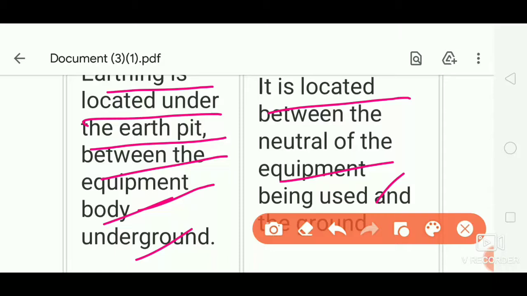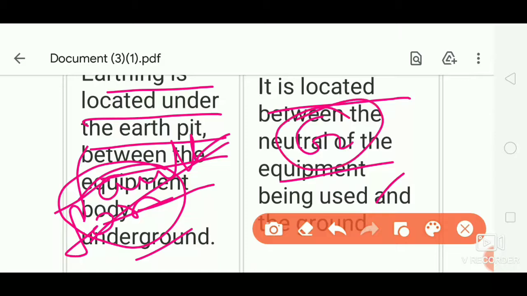For earthing, when a fault occurs, then the current will flow, the earth fault or fault current will flow to the earth. But for grounding, there is always a current flowing through the system. Here we use the transformer, where at the neutral point of the transformer there is some leakage current flowing through the ground.